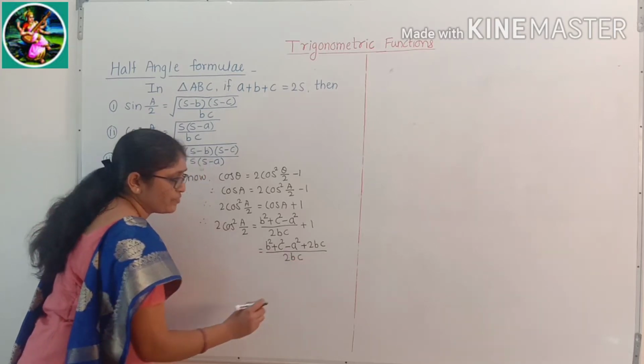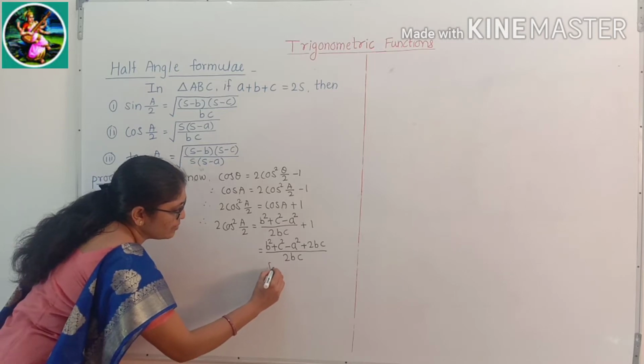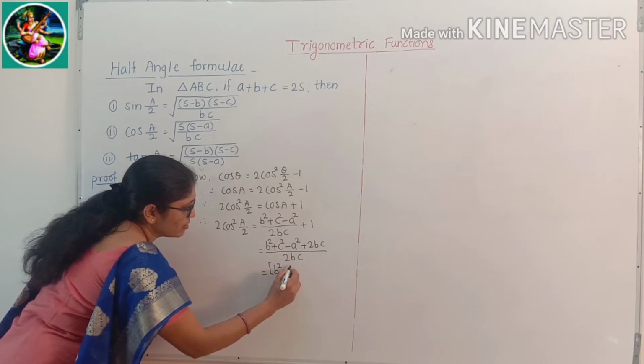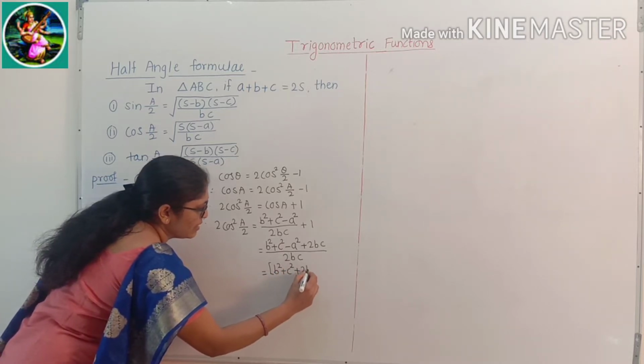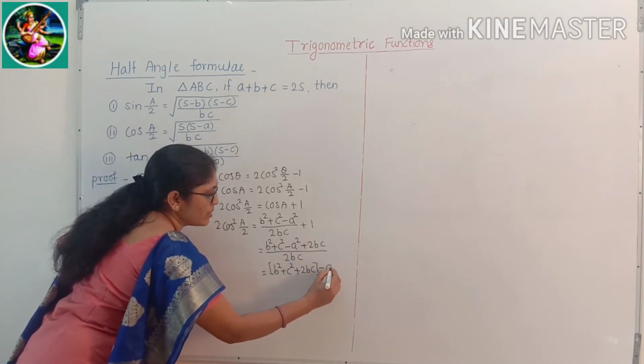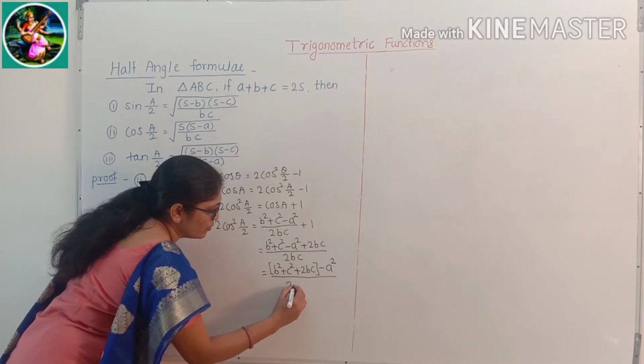Here we adjust the terms as b square plus c square plus 2bc. We write this in one bracket, and minus a square outside the bracket, and this whole divided by 2bc.